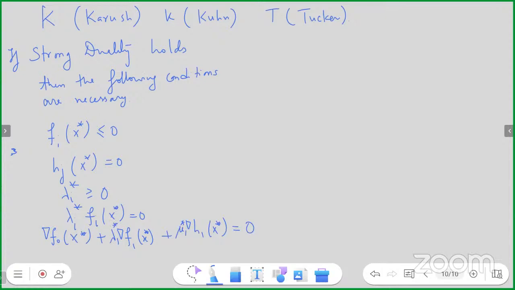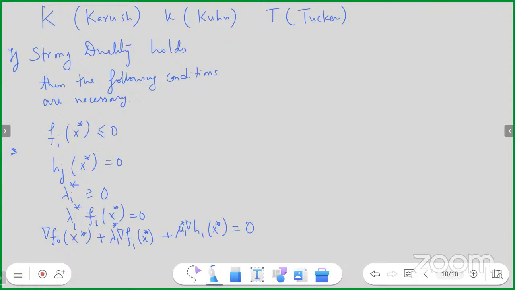So both lambda 1 and mu 1 are the starred versions of it. The setting is clear, right? X star is optimal for the primal, lambda star mu star is optimal for the dual. Then these conditions hold as long as strong duality exists. Strong duality is only actually telling you complementary slackness, which I proved in the previous slide.